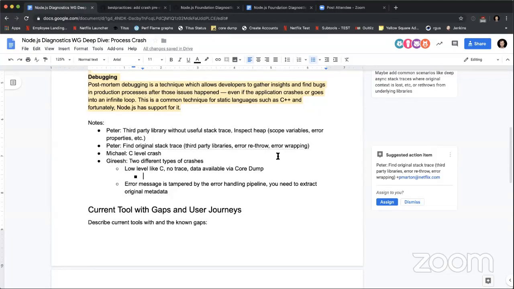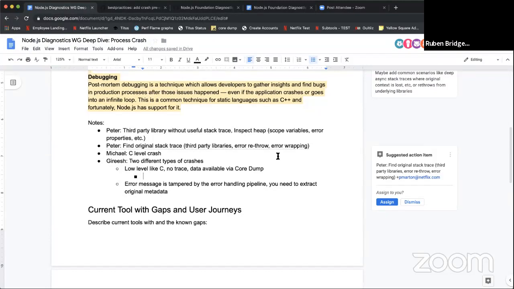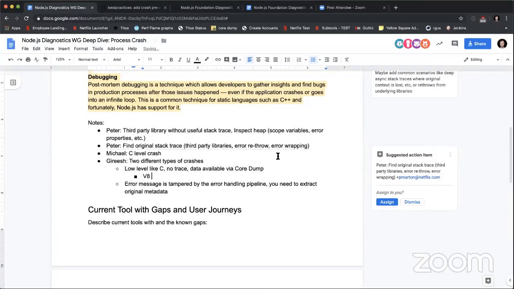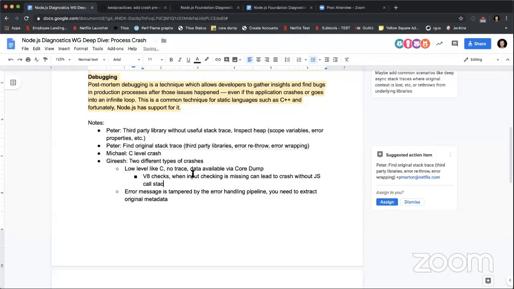Now, it's possible that because of some bug, these checks are missing at some control flow paths. And when the application goes through that control flow path, the side effect is that it can crash in a highly unexpected manner without any proper JavaScript call stack, possibly. It will be as good as a vanilla C program that has crashed.